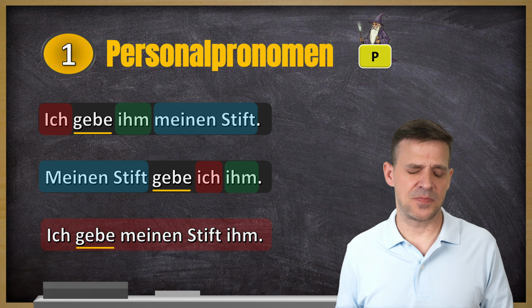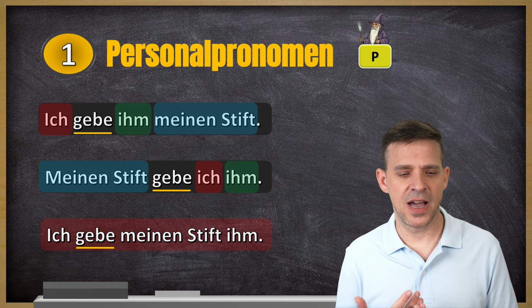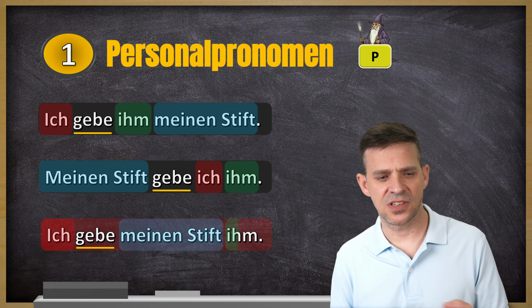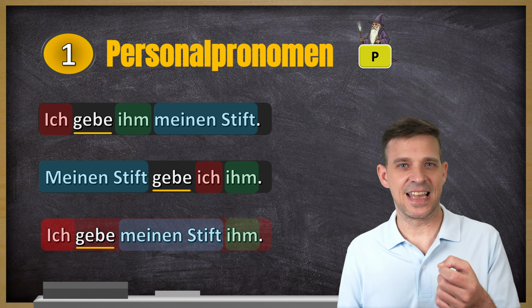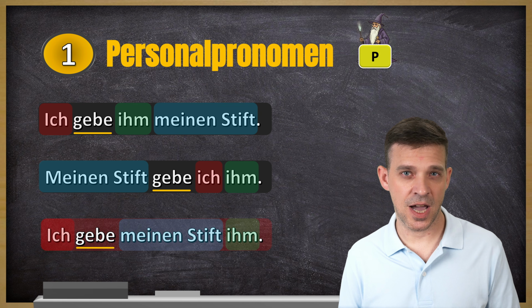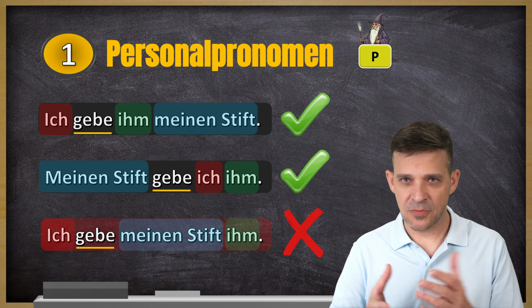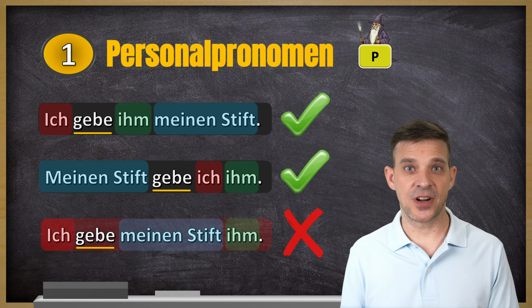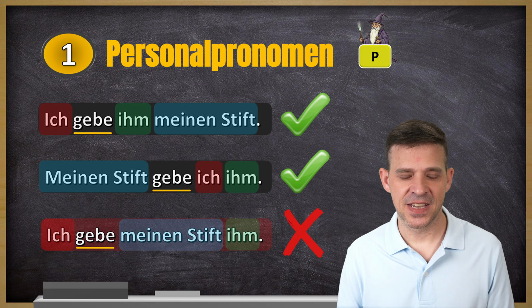What about this sentence? Ich gebe meinen Stift ihm. So first position the subject, second position the verb, then the accusative object, and then the personal pronoun ihm. Number 1 and number 2 are correct, and as you probably assumed, because it's in red, number 3 is wrong. But why?